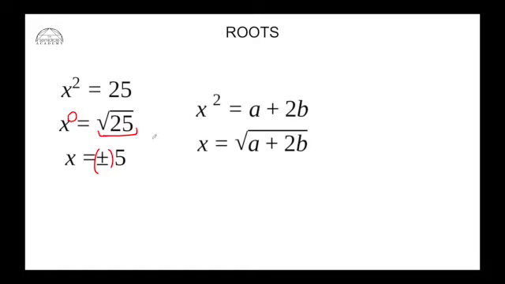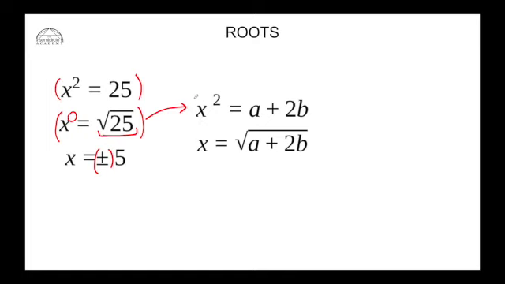Now, at the end of the day, just remember that this is a simple little piece of arithmetic: if you have something squared, then that something will just be the square root. When you apply that to algebra, it boils down to the same thing.